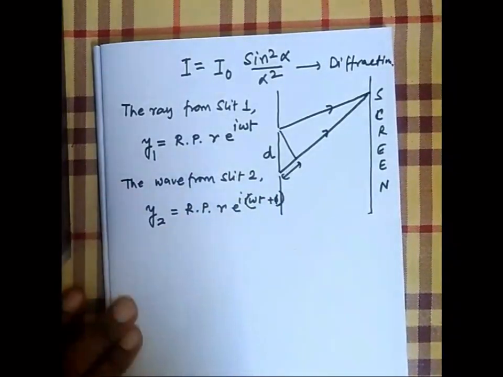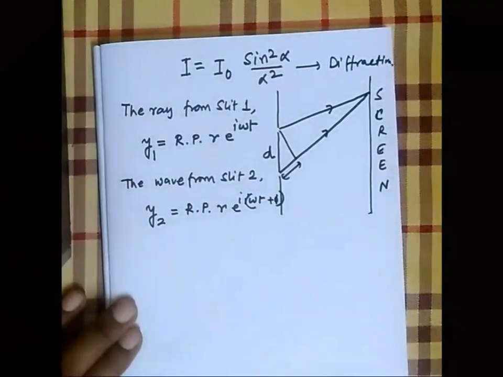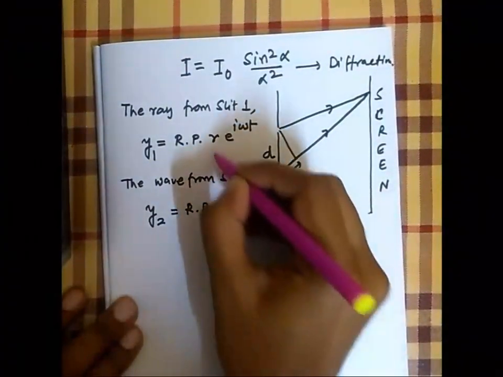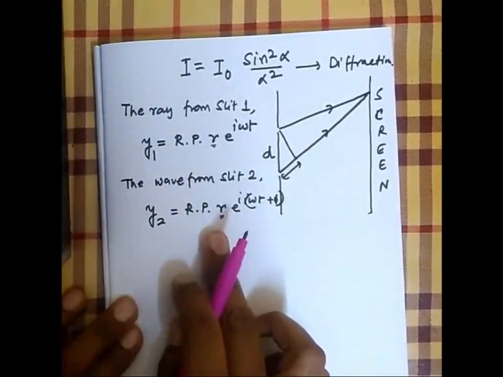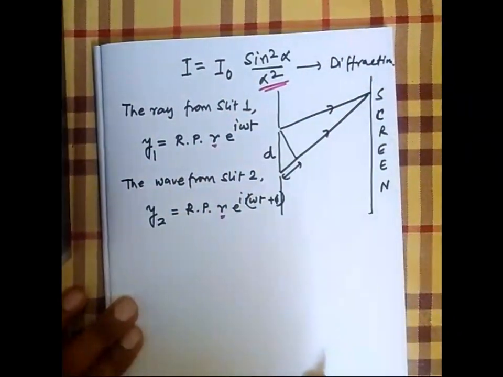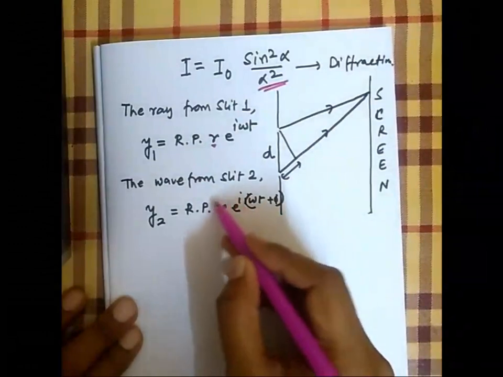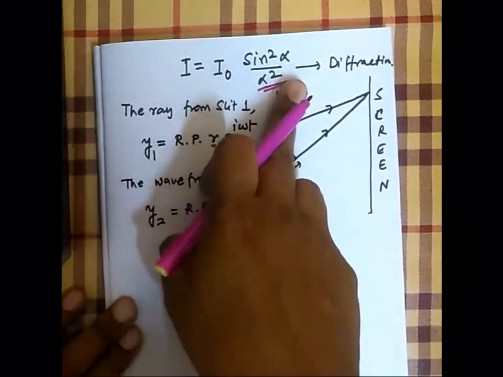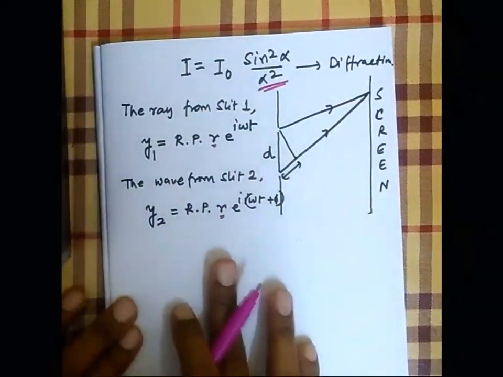So here this r that I am writing as amplitude basically takes into account this term as well. So finally when we replace r, we'll put not only the amplitude but also the diffraction term. So we will keep that in mind.